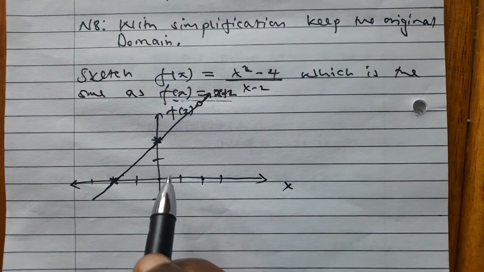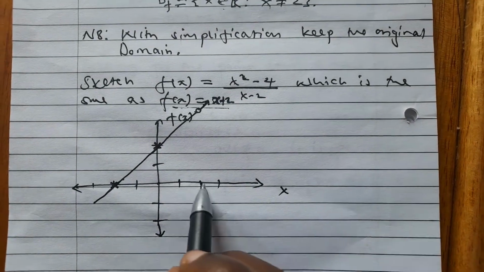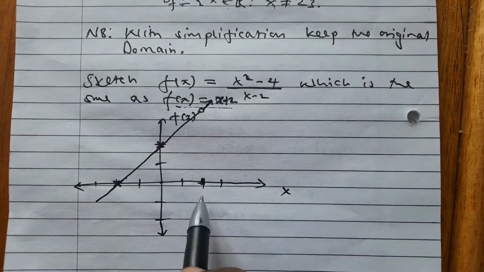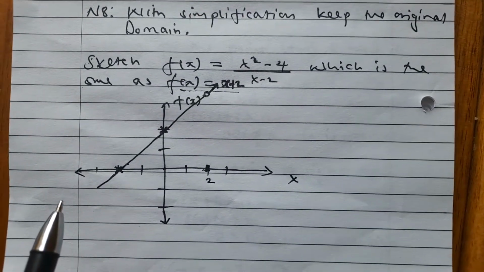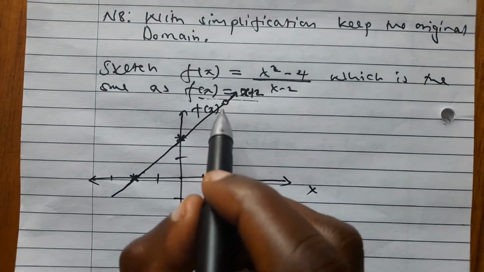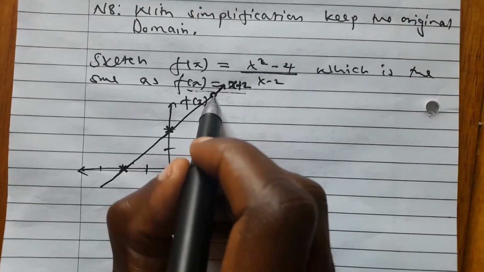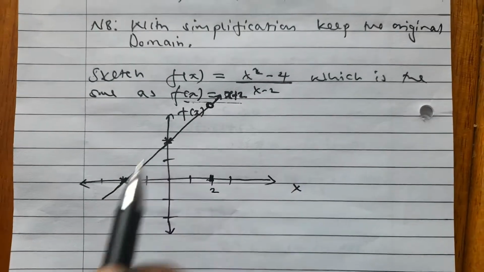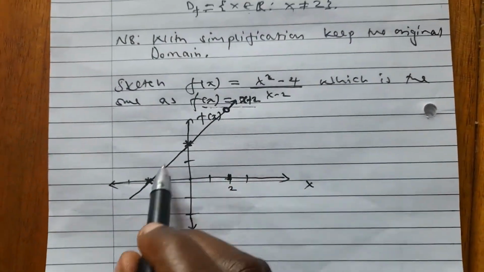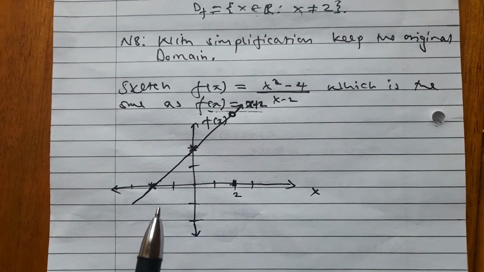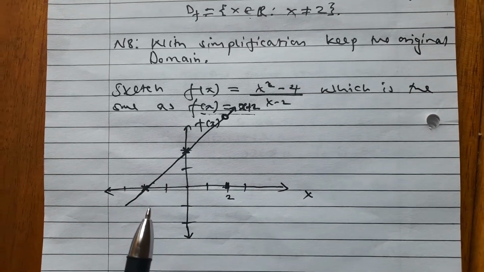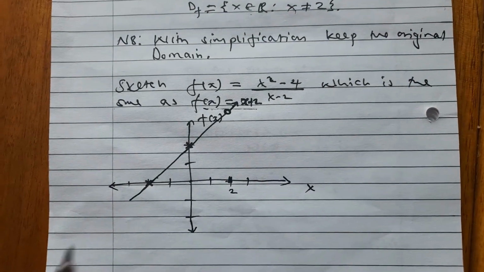Now, you realize, since the function is not defined at x equals 2 here, we have a removable discontinuity at this point. That is why I have a hole on that graph, and that is called a removable discontinuity. And why is it called removable?